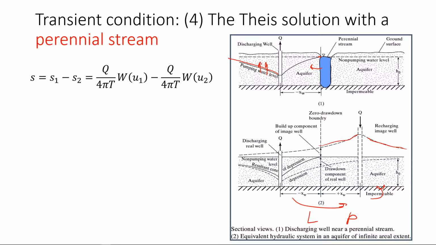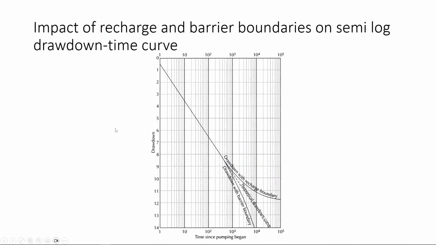In the previous equation, when you have an impermeable boundary, that was plus, you have this drawdown plus this drawdown. But now you imagine that you have an injection site, which is replenishing your aquifer. So you have a negative drawdown here. That would look very similar to the previous one, except that you have this negative sign here.